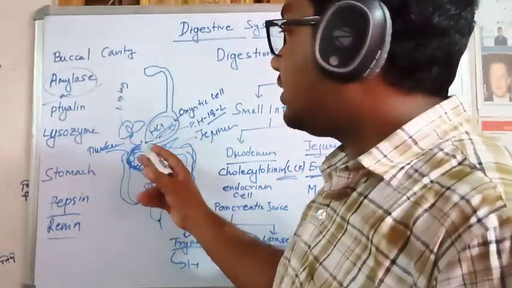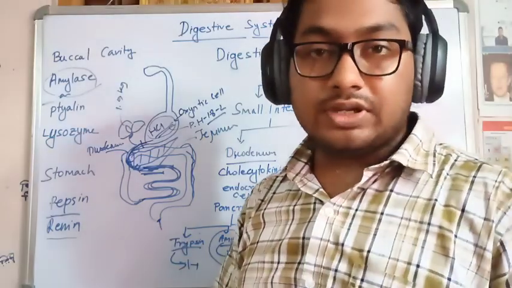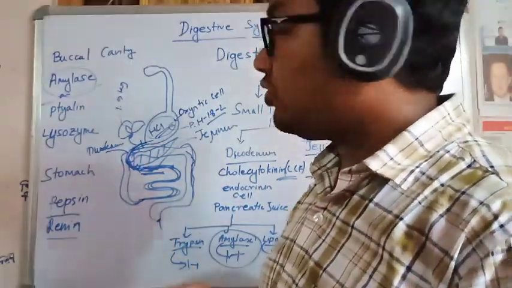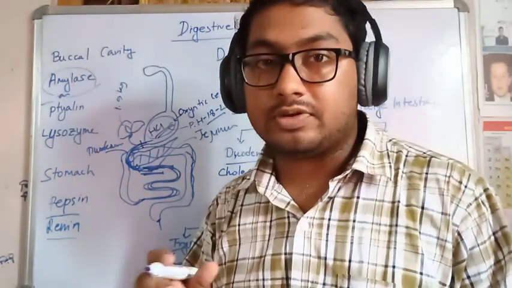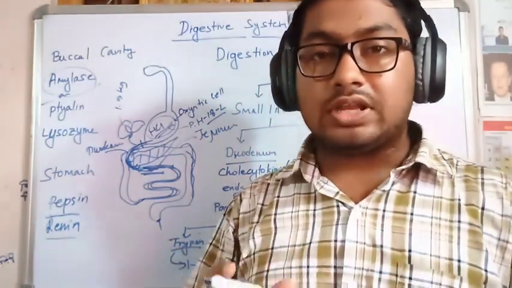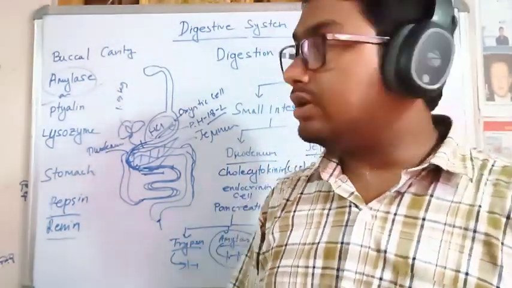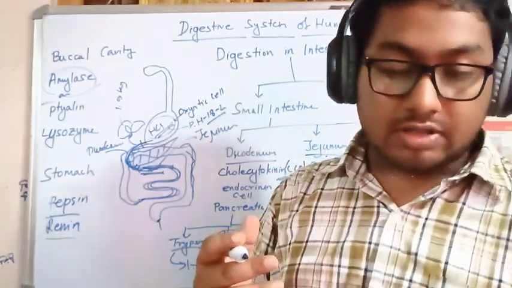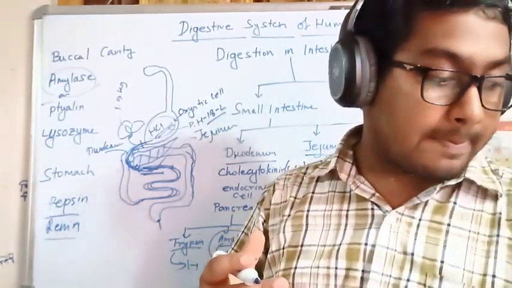And also the liver maintains our body temperature, and there is a protein found in the liver called fibrinogen. It helps in blood clotting. Another protein is heparin.